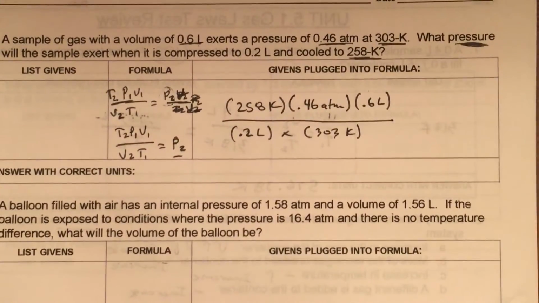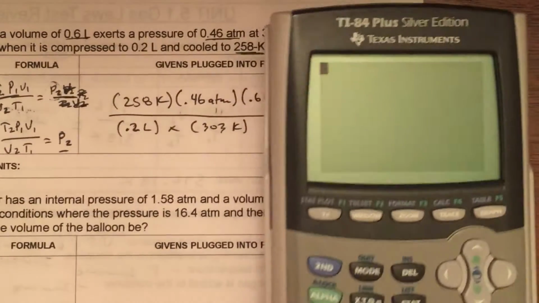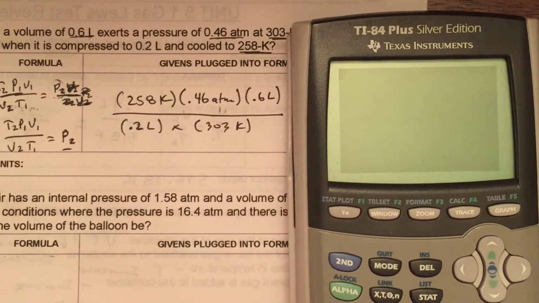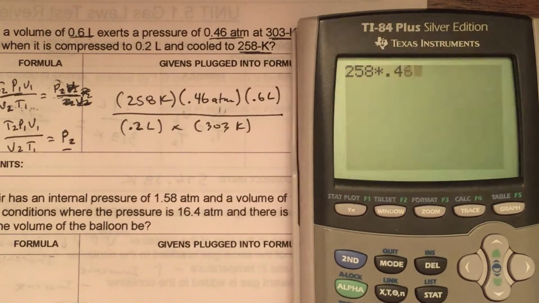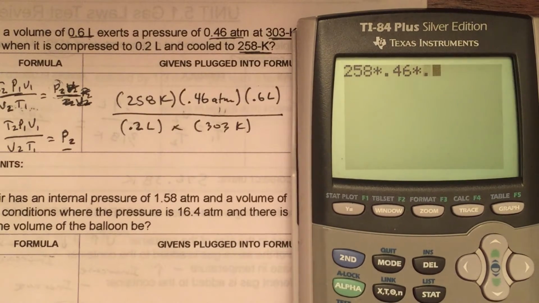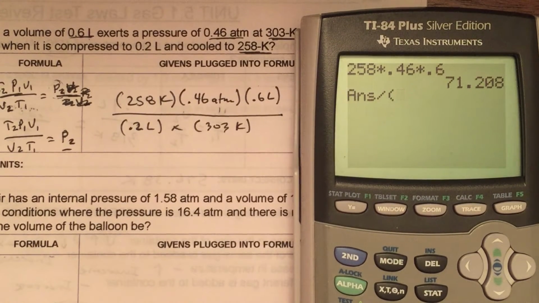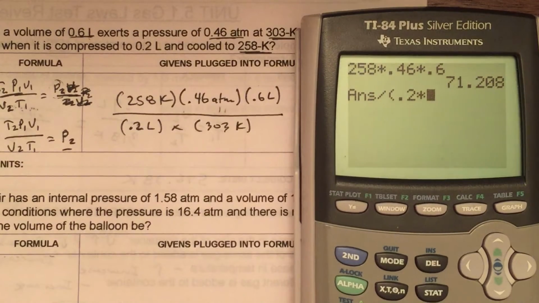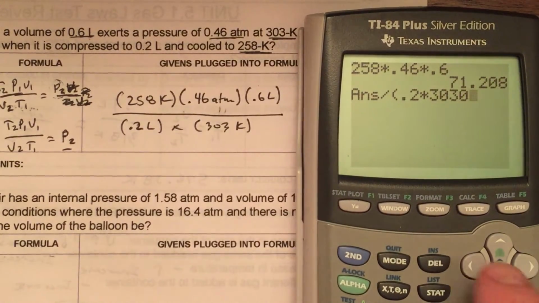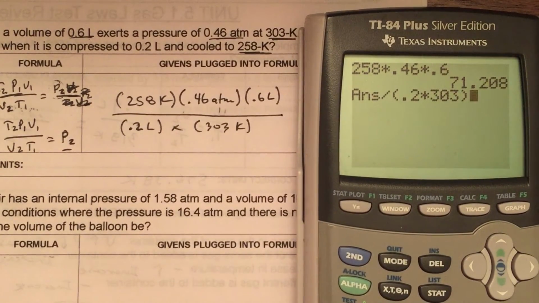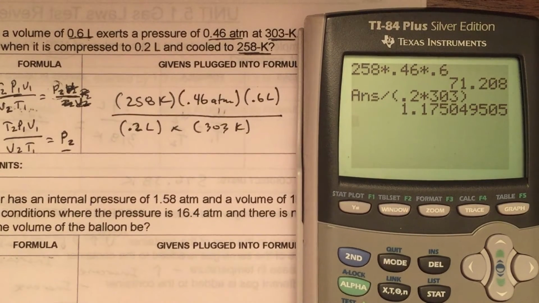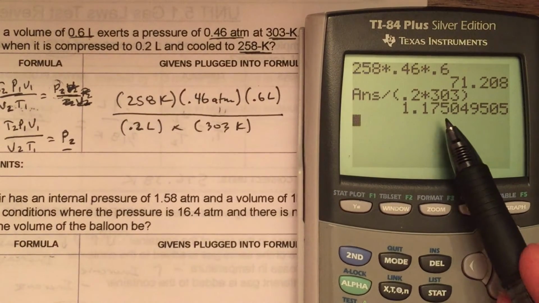Now I can plug this straight into my calculator. 258 times 0.46 times 0.6. That's the number from the top, and I'm going to divide that number by 0.2 times 303 from the bottom numbers, which gives me 1.175.